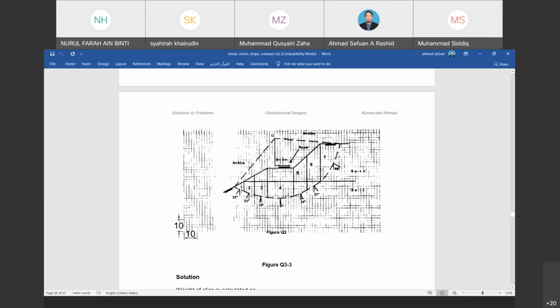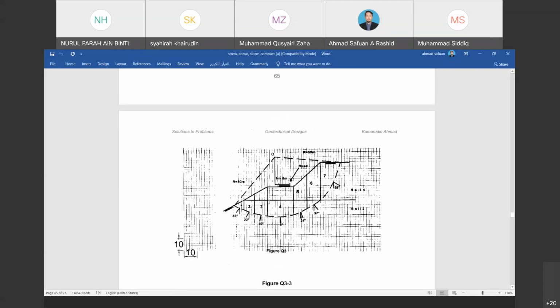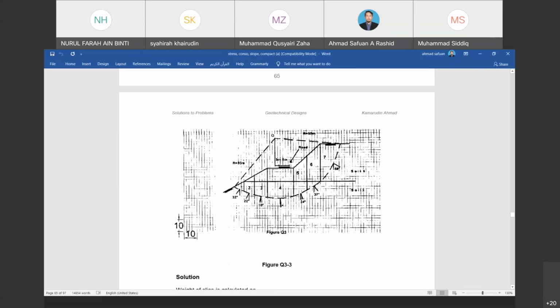So what is the function of the grid line? It is to measure the height and the width, so that we can obtain W, the weight of the slope. That is the first thing to do.